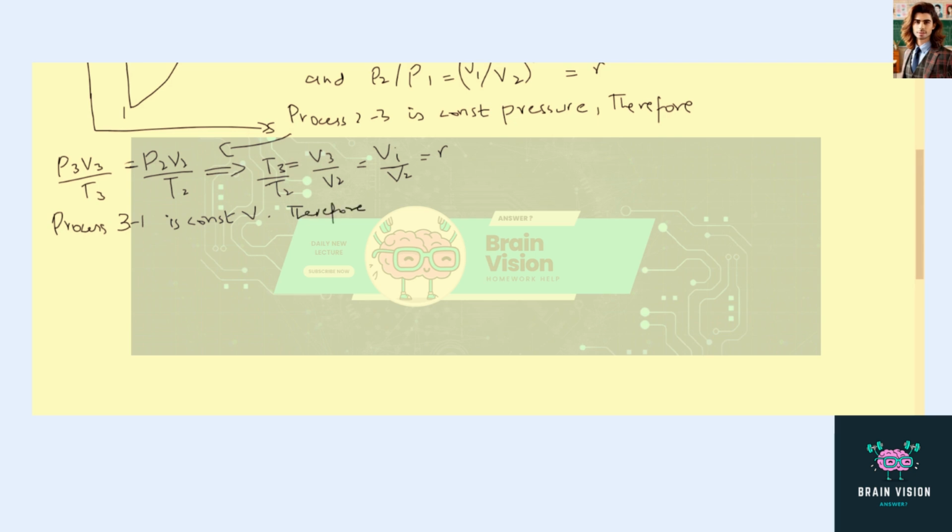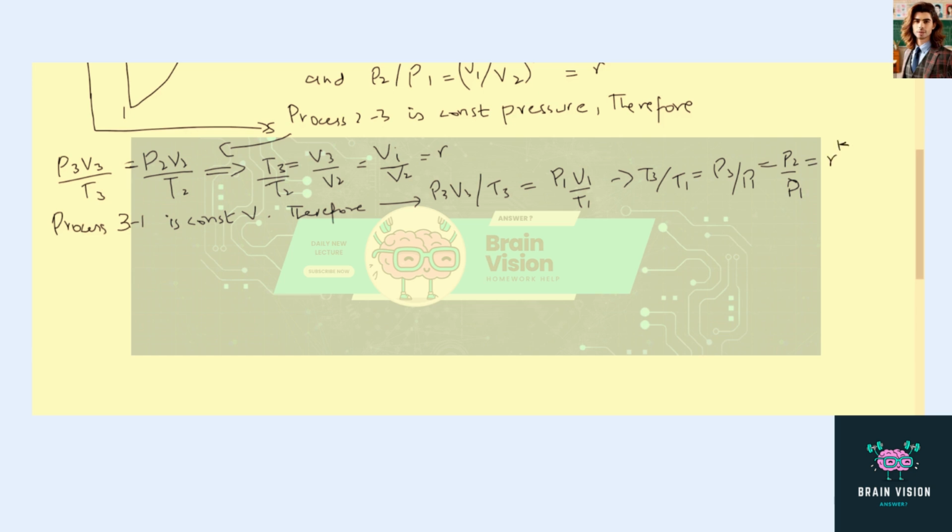Therefore, we will write P3V3 divided by T3 is equal to P1V1 divided by T1, which implies that T3 divided by T1 is equal to P3 divided by P1, which is P2 divided by P1, equal to R power K.